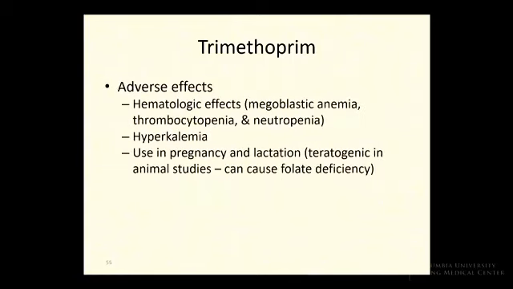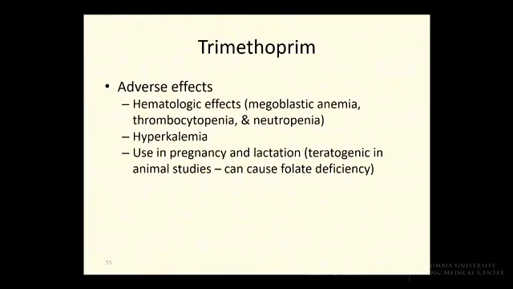Okay. So adverse effects, we've got hematological effects, megaloblastic anemia, which is an abnormality of red blood cell production leading to anemia. Thrombocytopenia is low platelets. Neutropenia is low neutrophils.